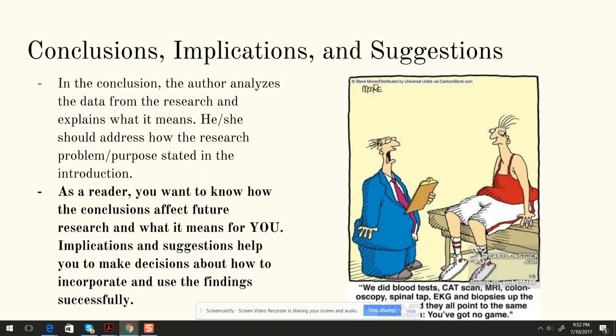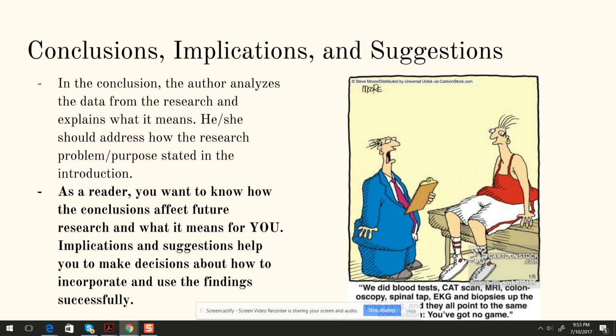Now, conclusions, implications, and suggestions. You're usually going to find these all under the same subset or the same title. So what the author does is take the data, the findings, and show how you, as a reader, should interpret these findings. Of course, you want to look at these findings yourself and make your own implications.